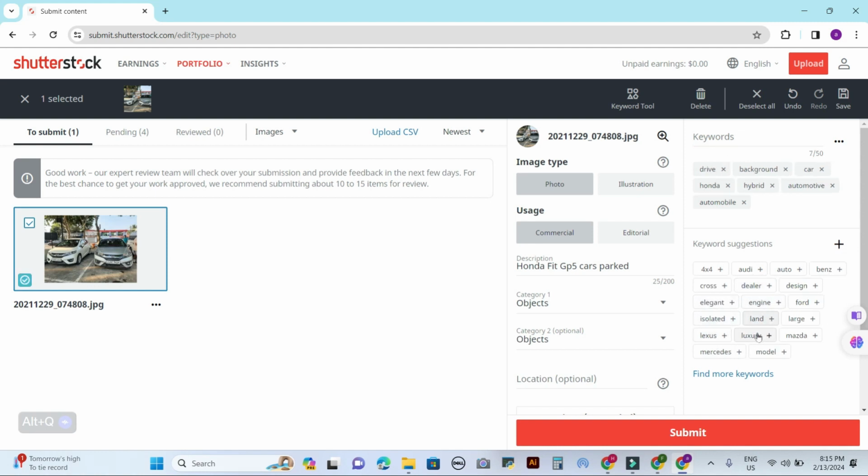Once finished, press the submit button. Shutterstock will review and publish your photos.